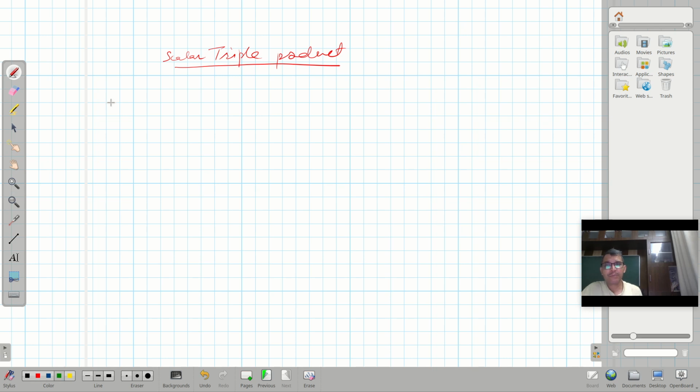Say we have three vectors A, B and C. Say one vector is the B vector and another is the C vector, and these two vectors form a parallelogram.